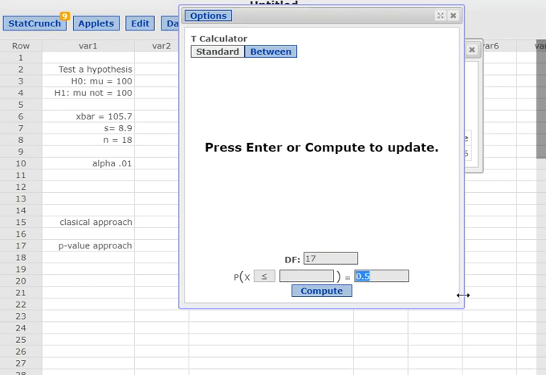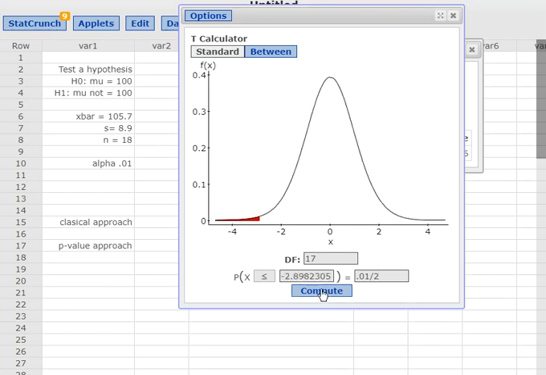I'm going to split the alpha, the 0.01, into two sides, because I can only put half of it in each side, since the alternative is not equal. And I'm going to compute, and my value, if you'll notice, is negative 2.89 or 2.90.